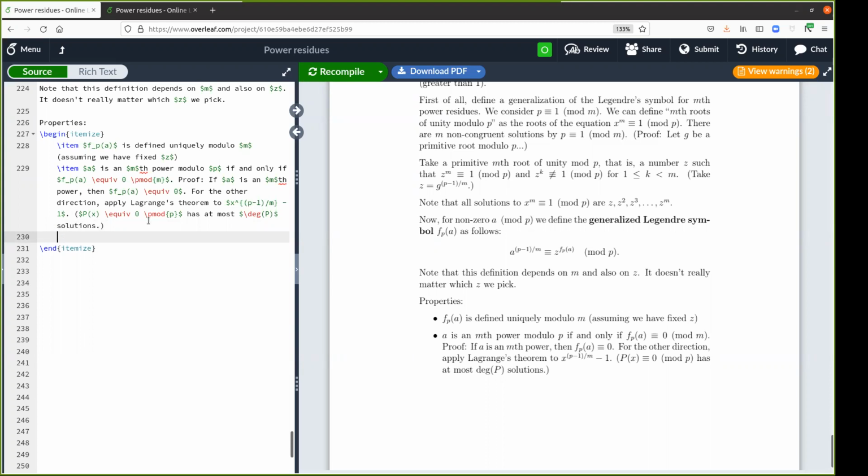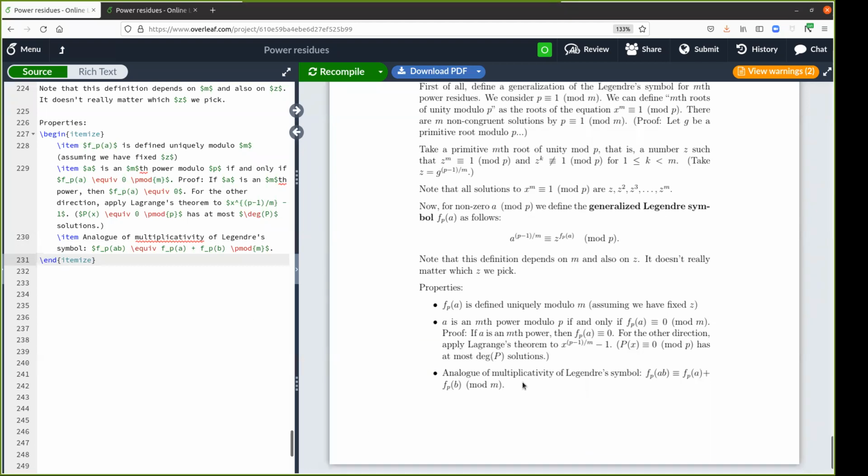Okay, and then we also note that, because we have defined things a bit differently now, we don't have, in a sense, a multiplicative property, but f_p behaves like a logarithm. So it turns products into sums.